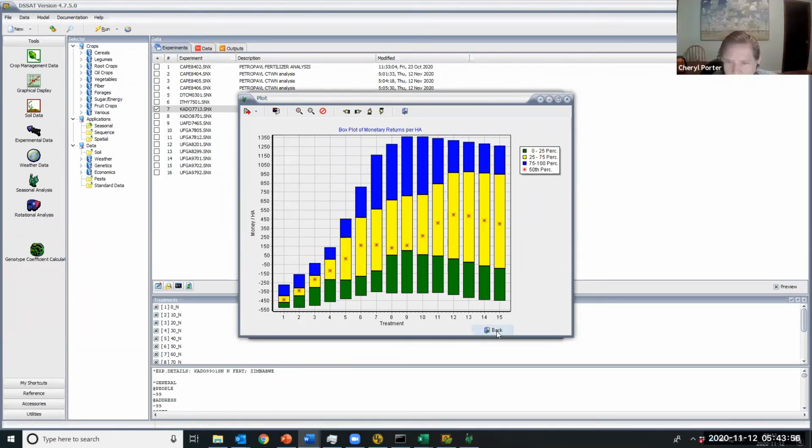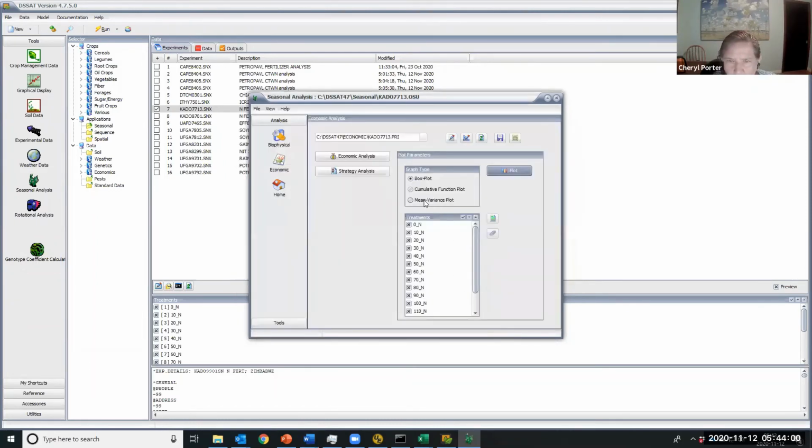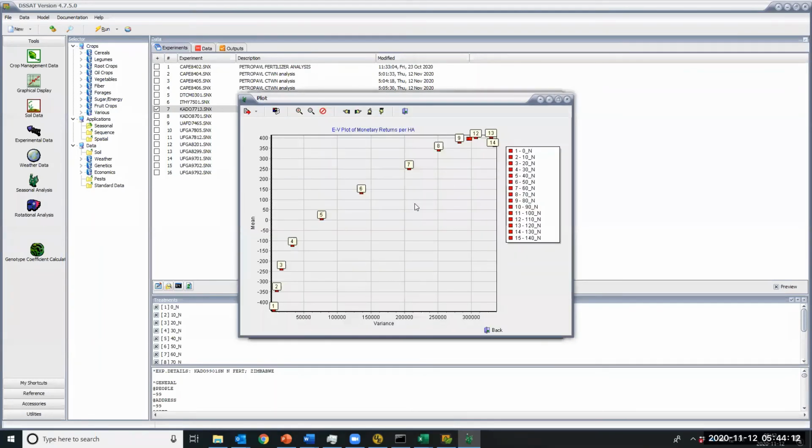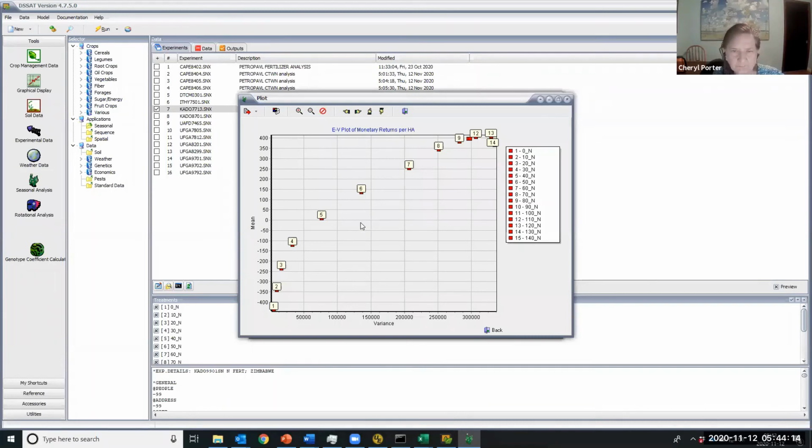Okay, and I'm going to go back and show the mean variance plot. And here, remember, we're looking for a low variance but a high mean.